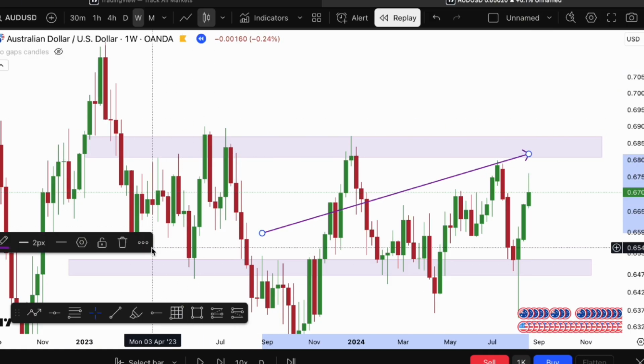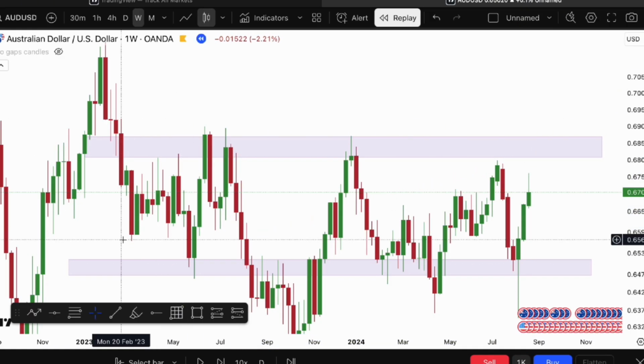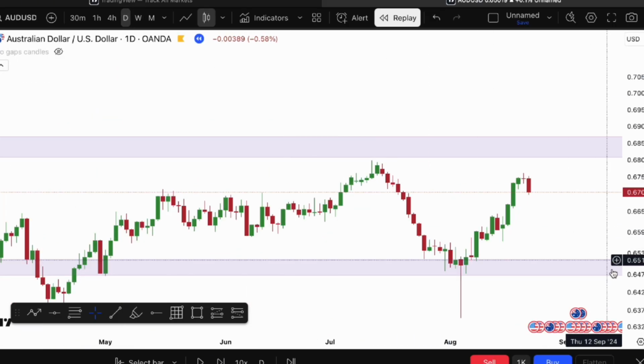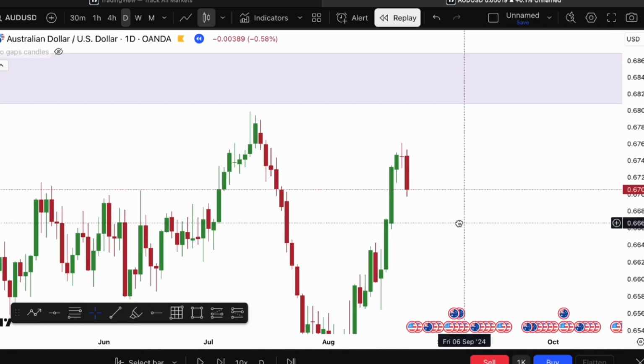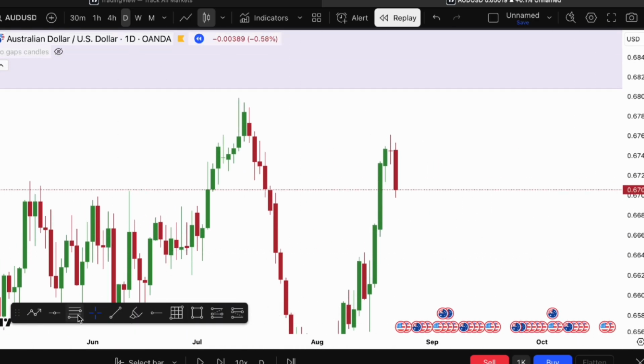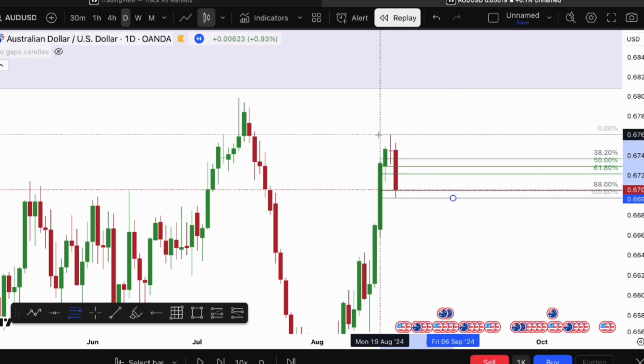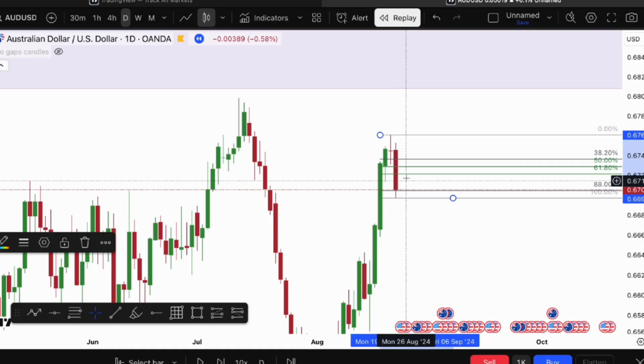After we identify our support or resistance on the weekly, we go back to the daily. And on the daily, we want to draw the fib in the opposite direction of the retracement. This is to measure the distance of the new impulse.